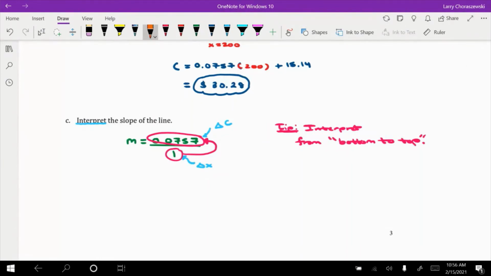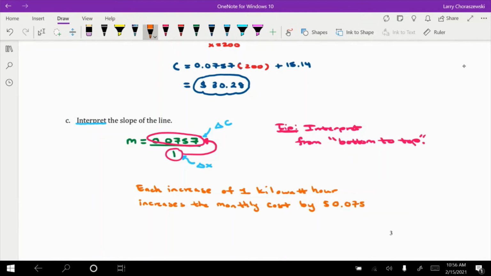Specifically, each increase of 1 kilowatt hour increases the monthly cost by $0.0757.